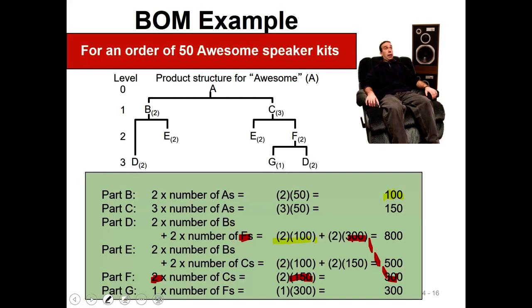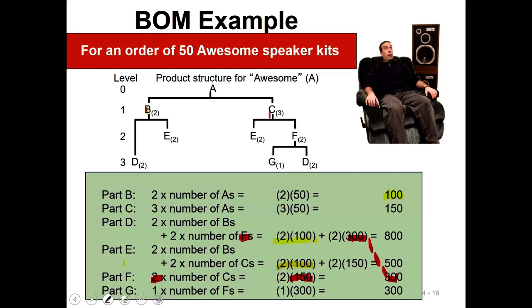And the E level, E is associated with B. E is associated with C as well. So C and B. Okay, now E includes 2 Bs. 2 Bs is 2 times 100.